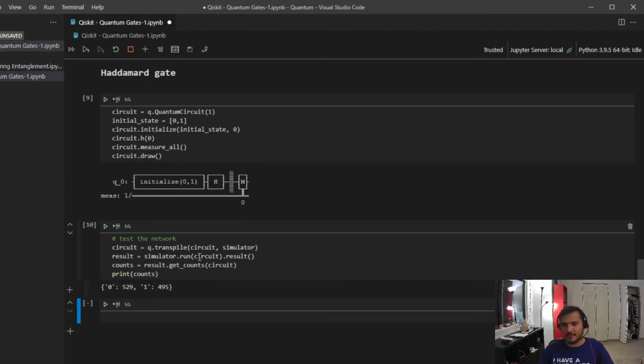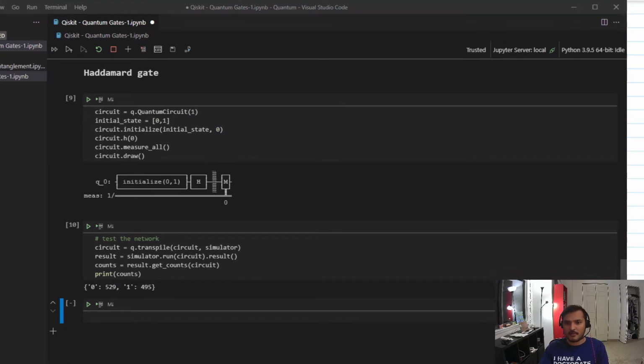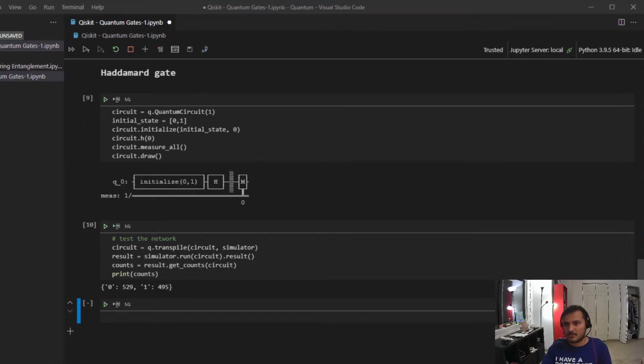We don't need them right now. So I think that's it for this video, and I will see you in the next video. It won't particularly be about coding, but it will be more about this representation of qubits and how to physically make sense of the action of gates.